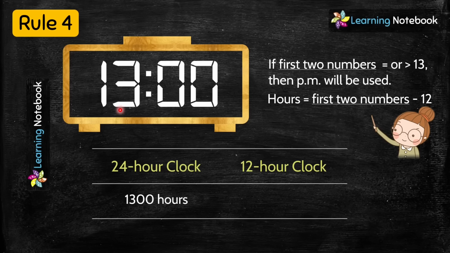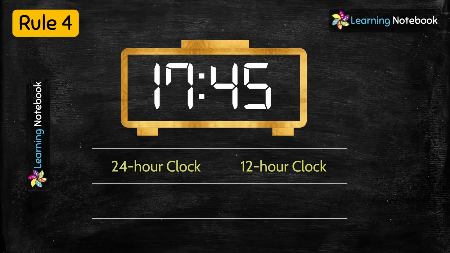Now to calculate hours, we will do first two numbers minus 12. That is, we will do 13 minus 12, which is equals to 1. So according to 12-hour clock, time is 1 PM. Let's do one more example.